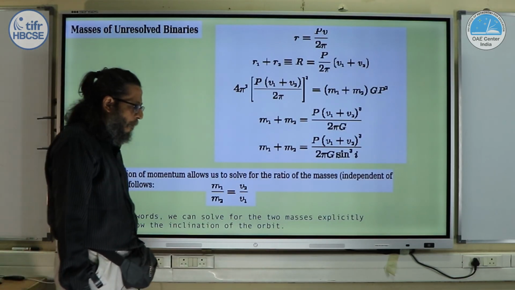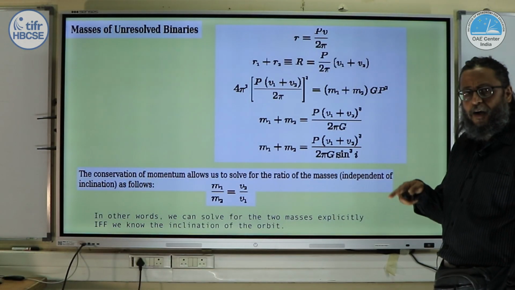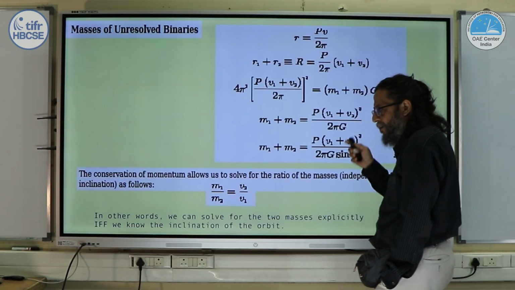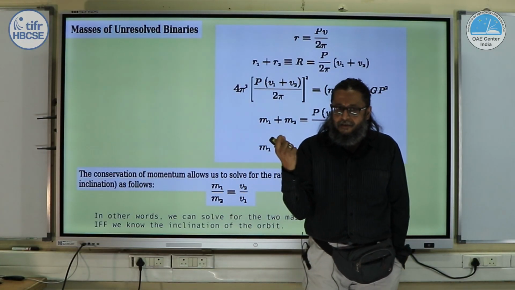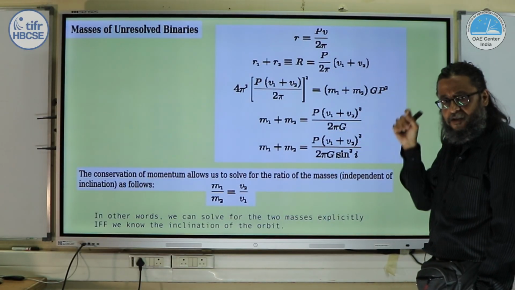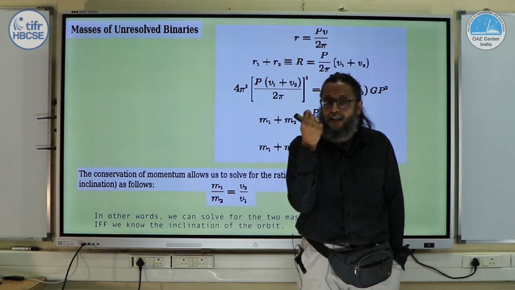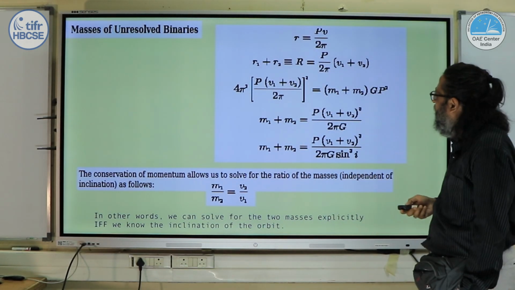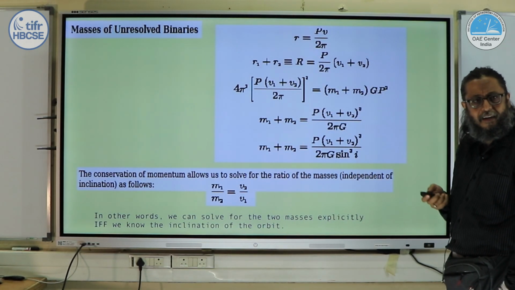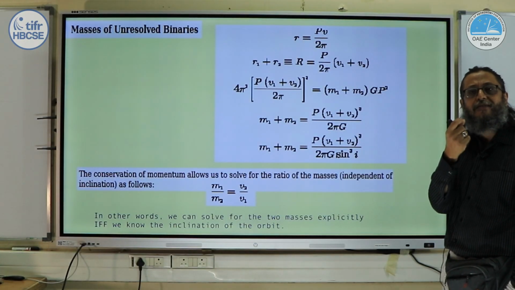Now, when it comes to unresolved binaries, so far we were talking about the mathematical formalism which is very useful for resolved binary star systems, where you can measure the masses of the individual stars. Now, let's look at the case where you cannot measure the mass of one star.